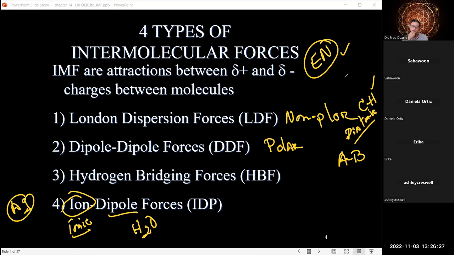Now, refresh your memory about electronegativity. Remember, electronegativity was the affinity of a bonded atom for the electrons. So if it has a higher electronegativity compared to whatever it is bonded to, it's going to pull those electrons onto itself much more than the other element. And remember, fluorine is the most electronegative element, so we use fluorine as our benchmark.